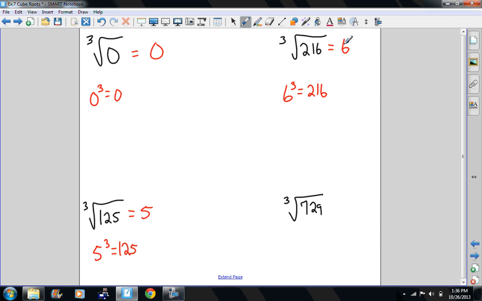I could try 9 cubed, which is 81 times 9, and that's 729, and there it is. So 9 cubed is equal to 729, therefore this is equal to 9.